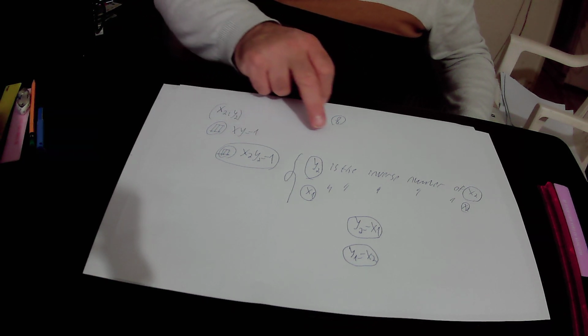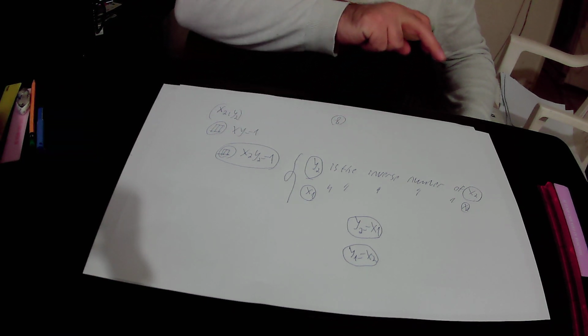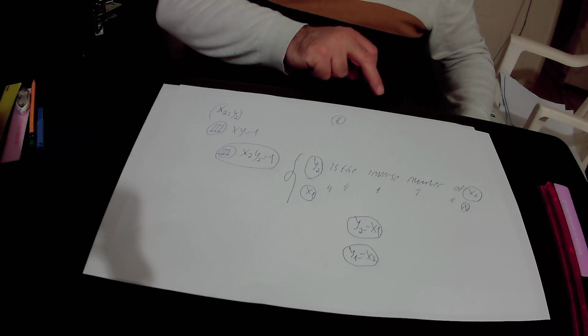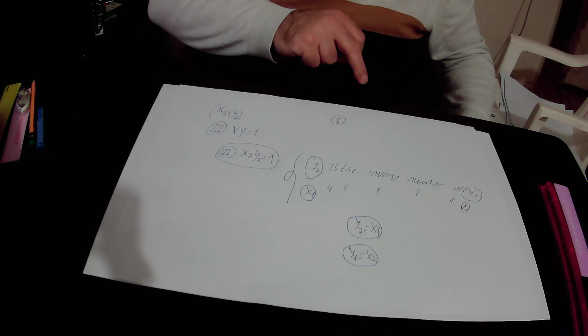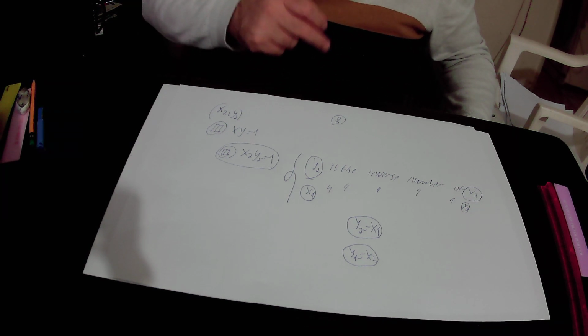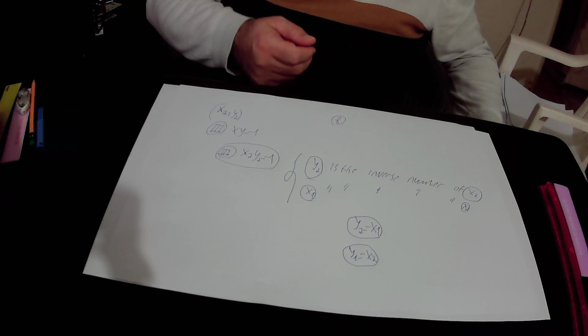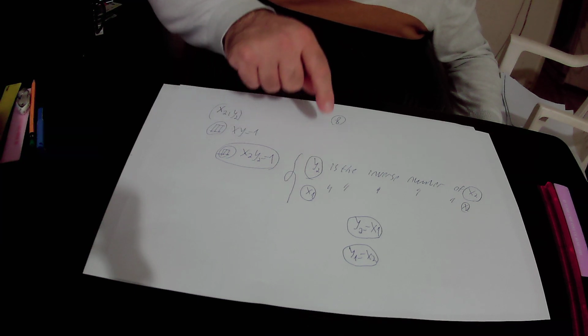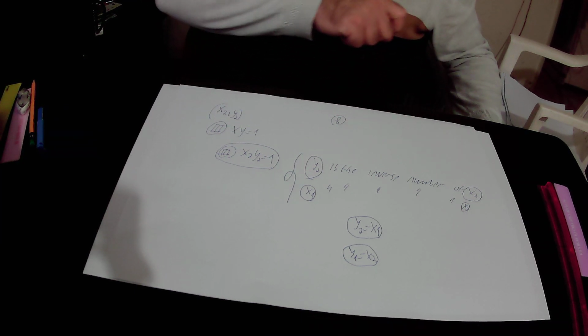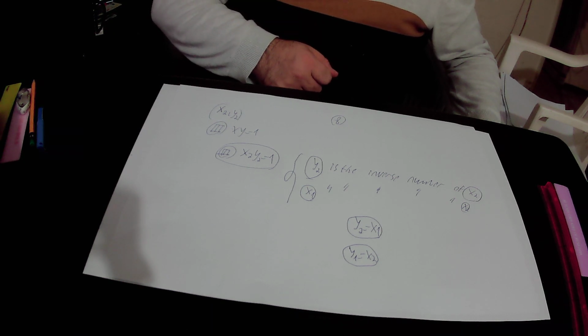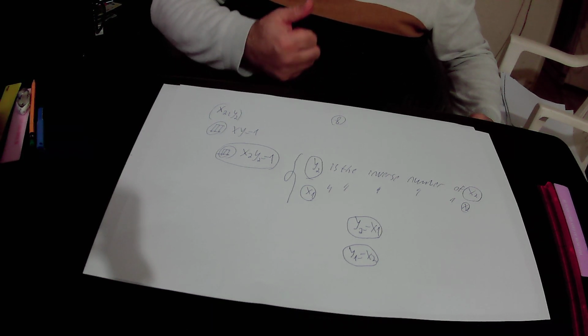It means that y2 is the inverse number of x2. But we have already found that x1 is the inverse number of x2. So we have two numbers, y2 and x1, that are the inverse number of the same number, x2. But every number has only one inverse number.